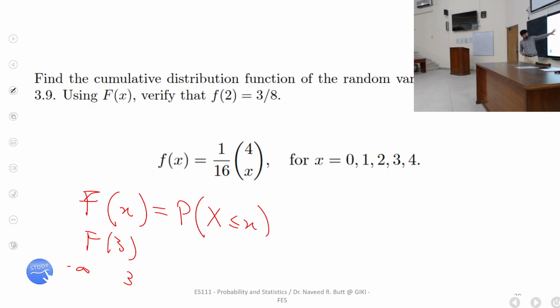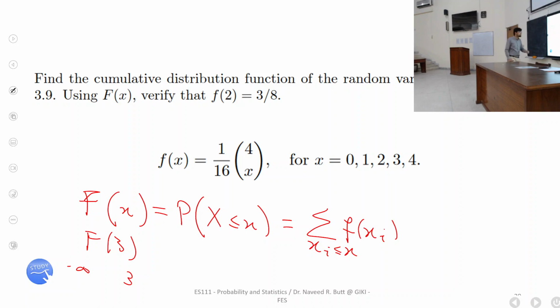Now in this problem, this definition is not helpful, is it? At least for the first part, to find fx, is it helpful? At this point, not really, because you have fx. So what was the definition for the discrete case? Remember, it was, so to find capital F or F of small x, you have to sum all the values of the distribution function fx from the left hand side up to that point.